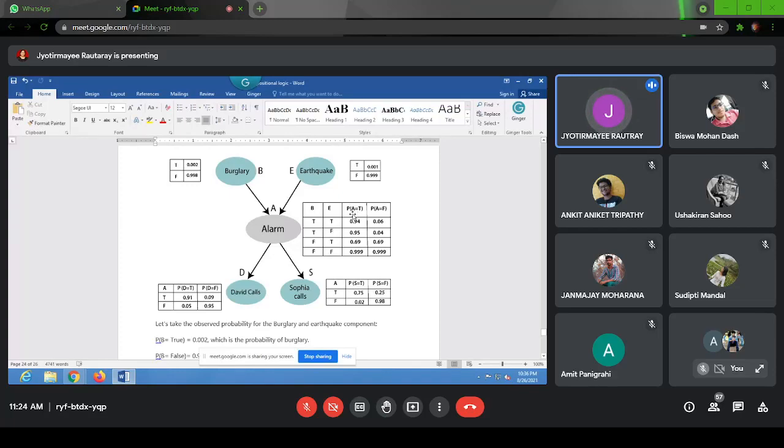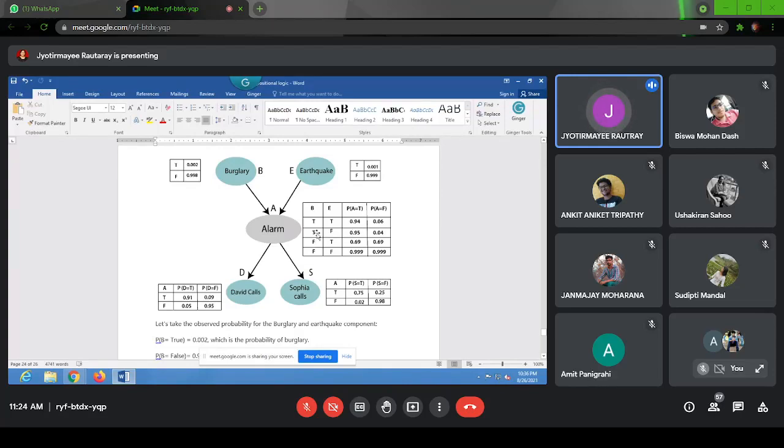Suppose probability of A equals true, that is the alarm is sounded. This value we have taken on our own. If B and E are both true, that means burglary occurred and earthquake occurred, and the alarm sounded with probability 0.94, then the alarm not sounding will be 0.06, because we subtract from 1.